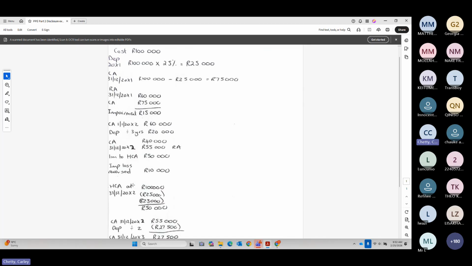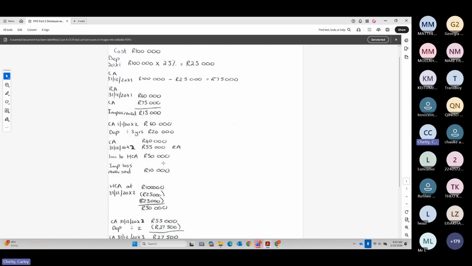The historical carrying amount is calculated as if there's no impairment loss. So we calculate that by taking the 100,000 Rand minus the depreciation of 25,000 Rand for 20x1 and 25,000 Rand for 20x2. So that is how they calculated the historical carrying amount of 50,000 Rand.